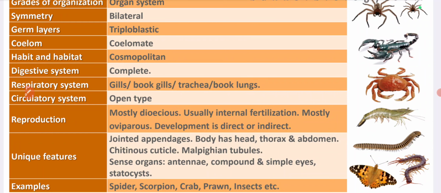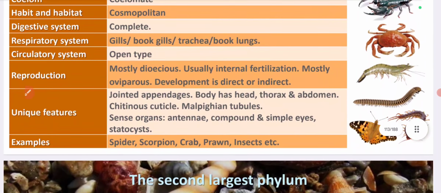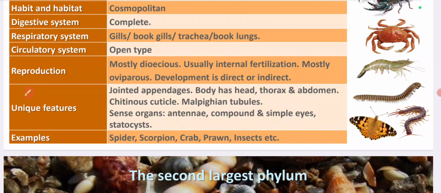Development is direct or indirect. Unique features: jointed appendages, body has head, thorax and abdomen, chitinous cuticle, Malpighian tubules, sense organs are antennae, compound and simple eyes, and statocyst or balancing organ. Examples: spider, scorpion, crab, prawn, insect, etc.